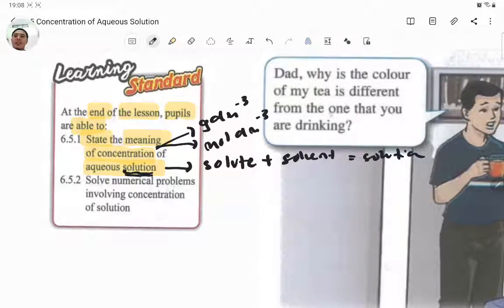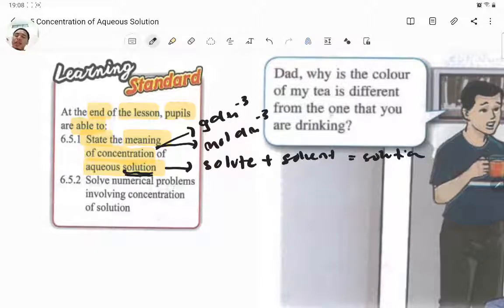So when we describe solution, a solution is formed when there must be solute and also solvent, iaitu bahan terlarut dan juga bahan pelarut. Pelarut ni maksudnya dia akan melarutkan our solute lah. Alright, so that is the first learning standard that you must achieve.